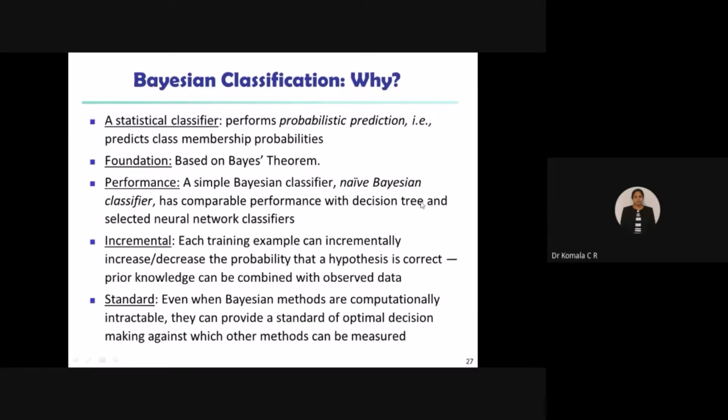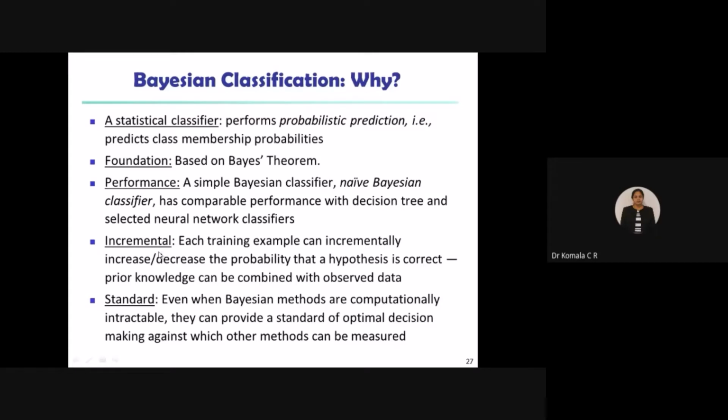We cannot use it for all network types, only for selected neural networks. Otherwise we usually go for decision tree induction because that is more advantageous in some cases. Particularly for neural networks we go for Bayesian classification.